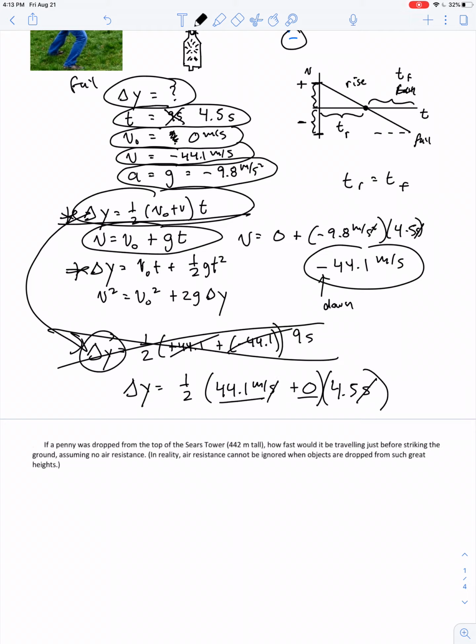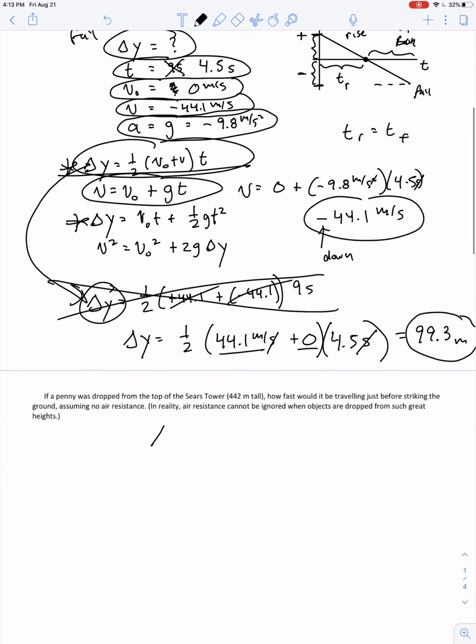Seconds cancel seconds, we're going to be left with meters, so let's do the math on this one. If I multiply 44.1 times 4.5 and divide that by 2, we get a delta y equal to about 99.3 meters. Okay, let's move on to another problem.